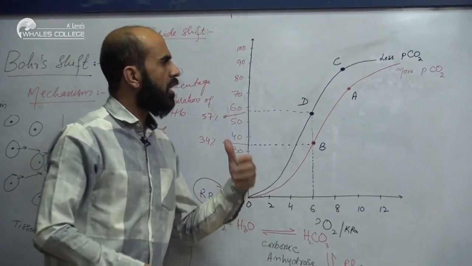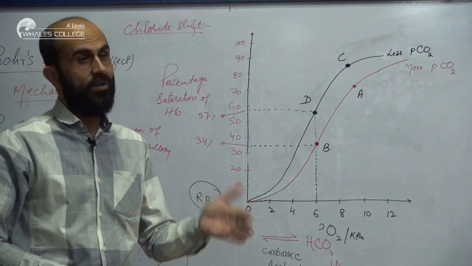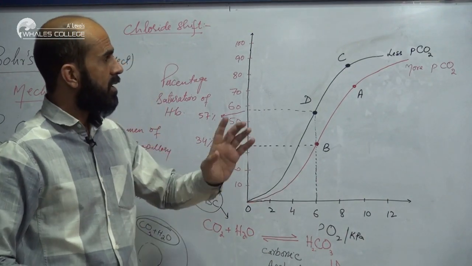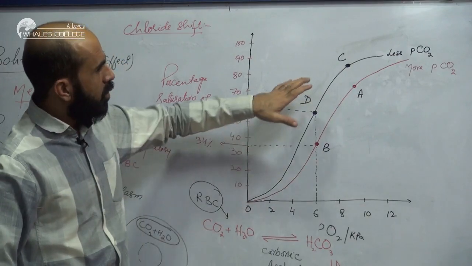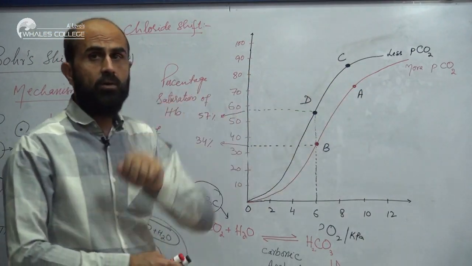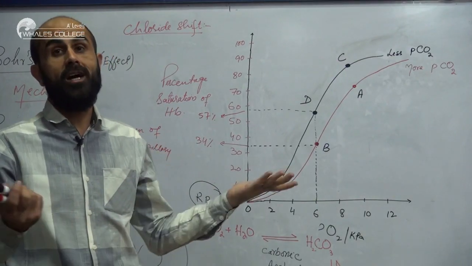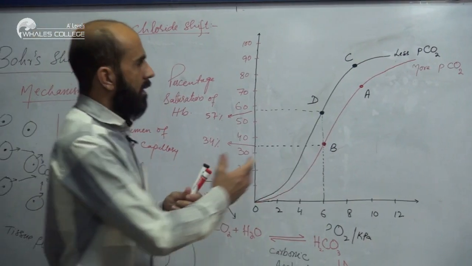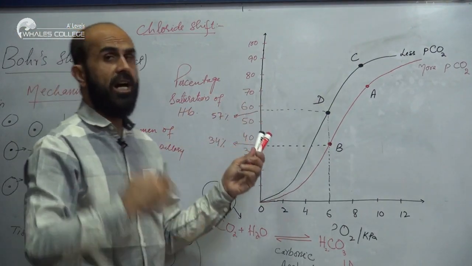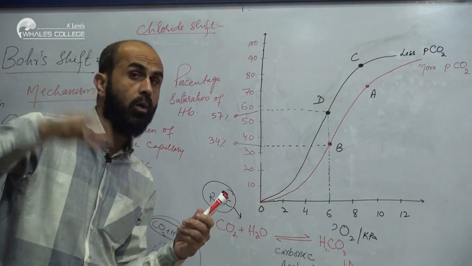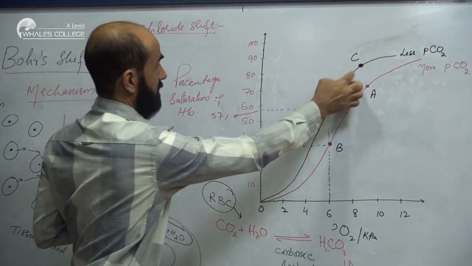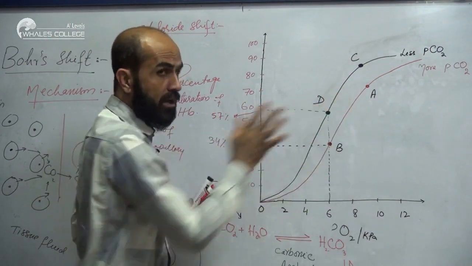We are looking for the person in a state of exercise, I mean active muscles. Where is the dissociation rate high, in the black curve or in the red one? This curve represents percentage saturation. The one with higher percentage saturation has lower dissociation, and of course the black line has a higher percentage saturation compared to the red one.